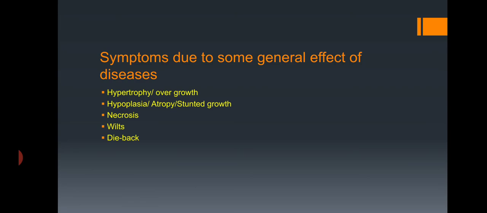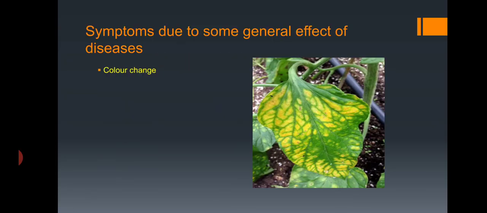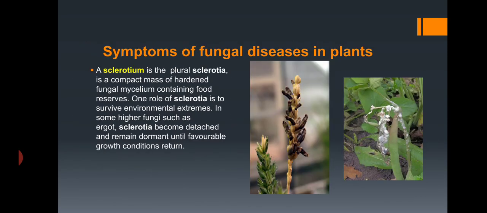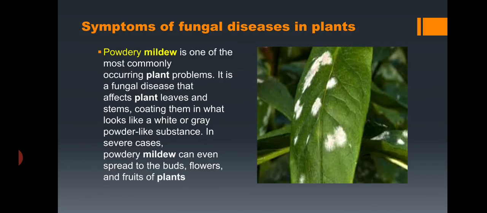And dieback. Dieback is nothing but the plant normally dying due to the infection. So, these are the general effects of plant diseases. Okay. All these symptoms we categorized into different heads. More symptoms we can expect in fungal diseases. Try to study them one by one and try to identify the symptoms.